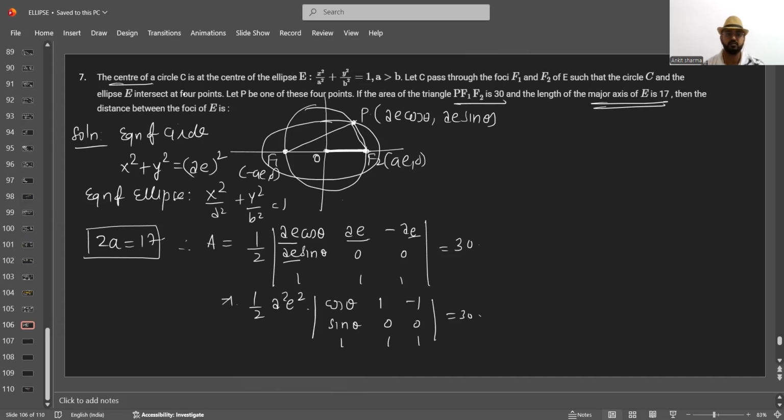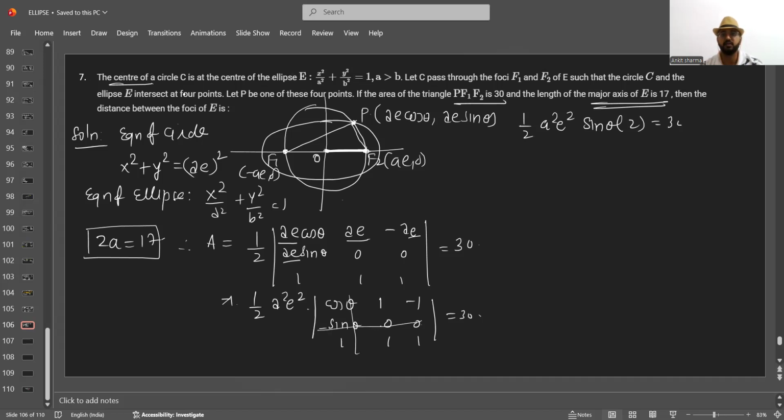Now we can just open this. So we end up getting half of a square e square. In this determinant, I'll expand from this row. That means this is minus plus minus. So minus sine theta, and it's ultimately this modulus, so no point. So this is sine theta into, this gets cancelled, so we get 1 plus 1, into 2.